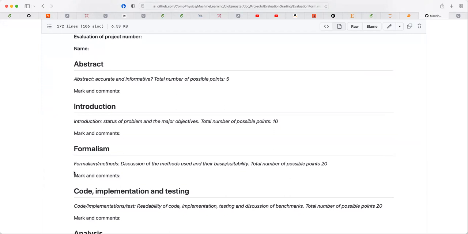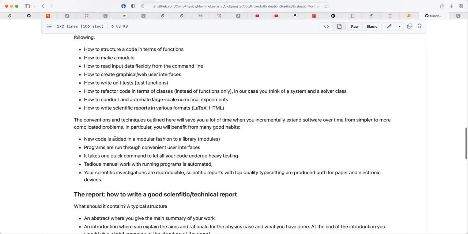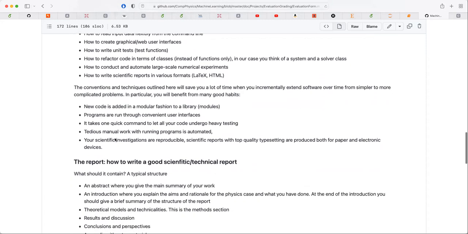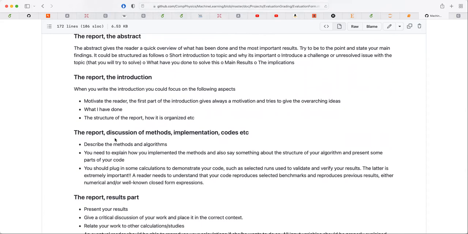Then you should have an introduction, and if you look down here a little bit, you will find a little bit more about the basic structure on how to write a good scientific report. So I'm just going to go through some of these steps, but I invite you to take a look at them.